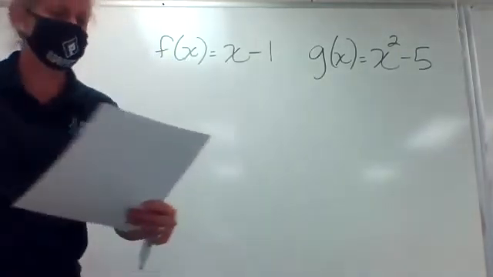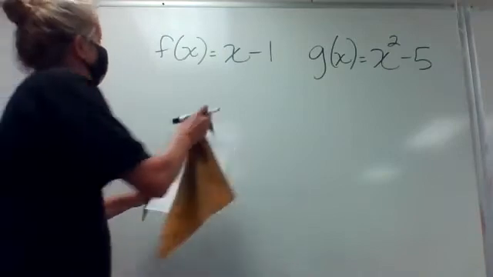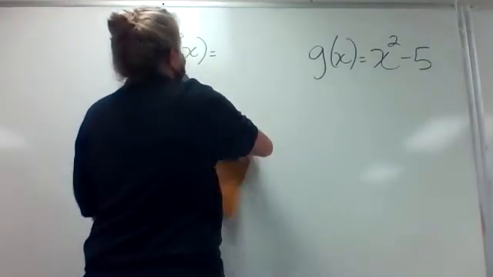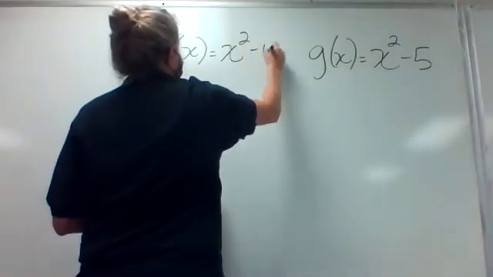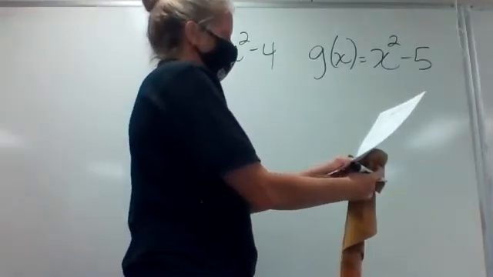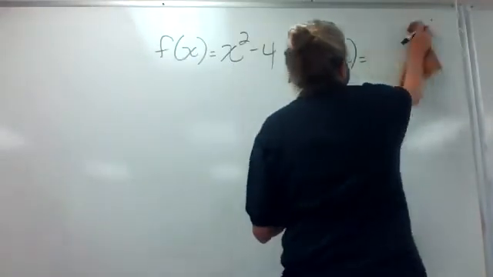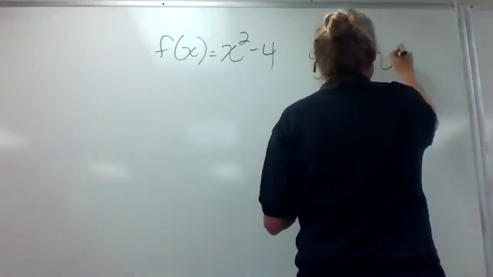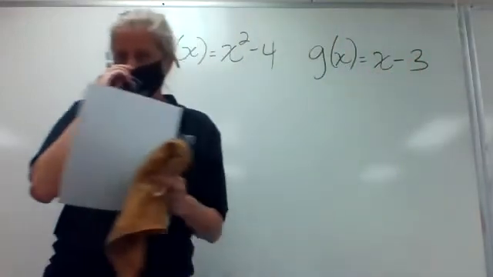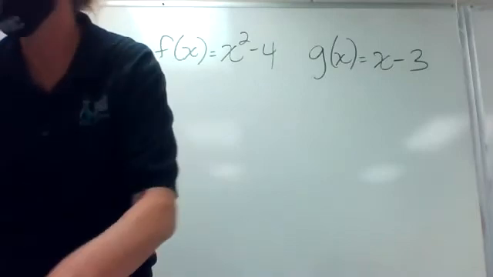I was looking at 9.1. Hang on. G of x is x squared minus 4. My bad. G of x is x minus 3. All right, that should match your thing, right?